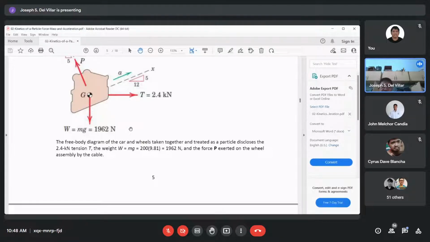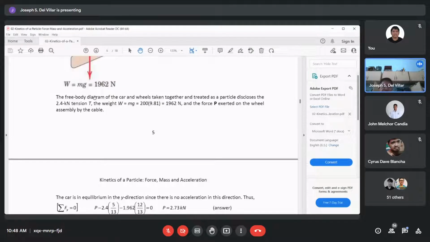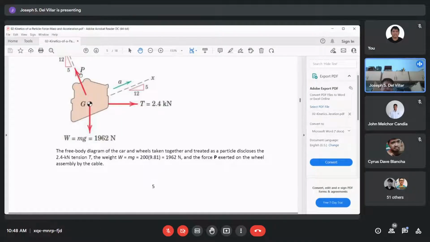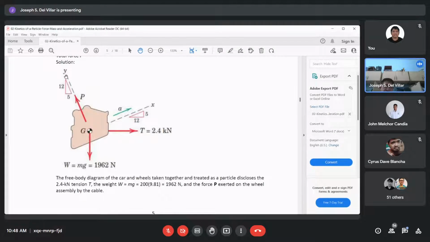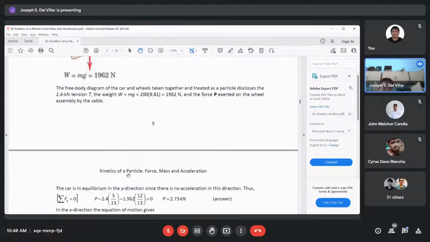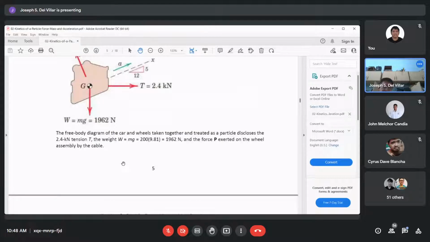Then, this is the weight. Okay? This is the weight. So we also took the y component with respect to this. Okay? This with respect to this one. So its y component is this. Okay? So that is 12/13.